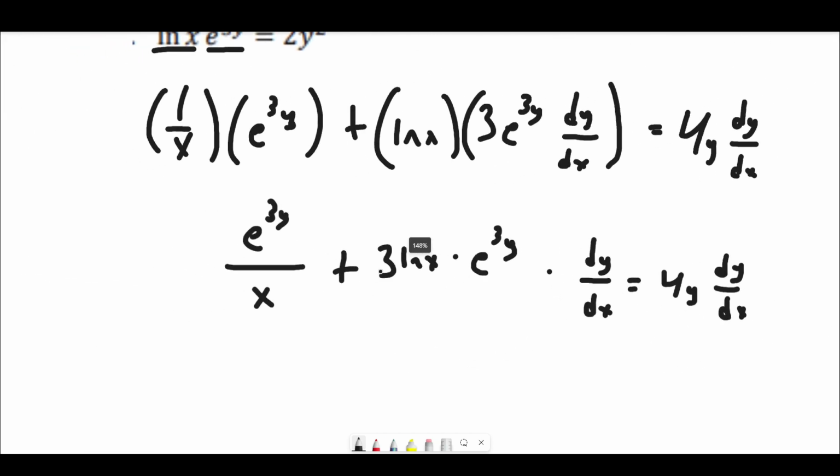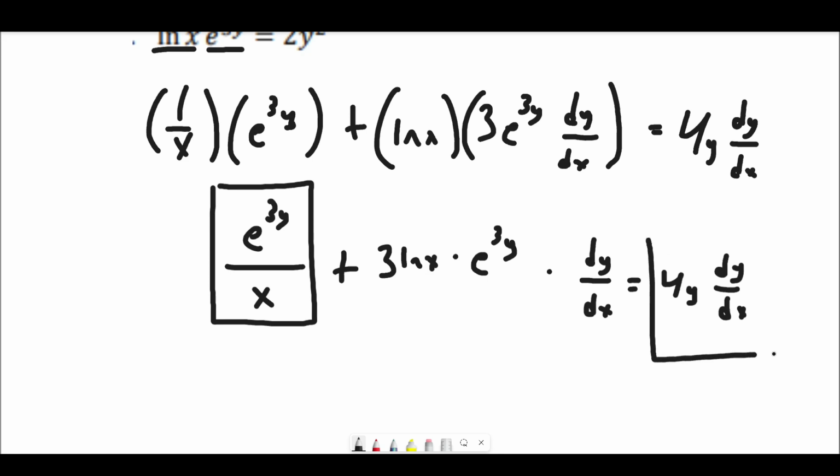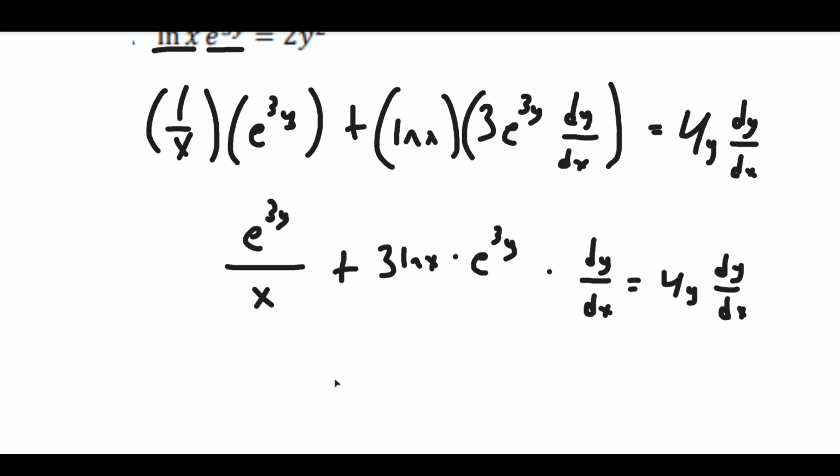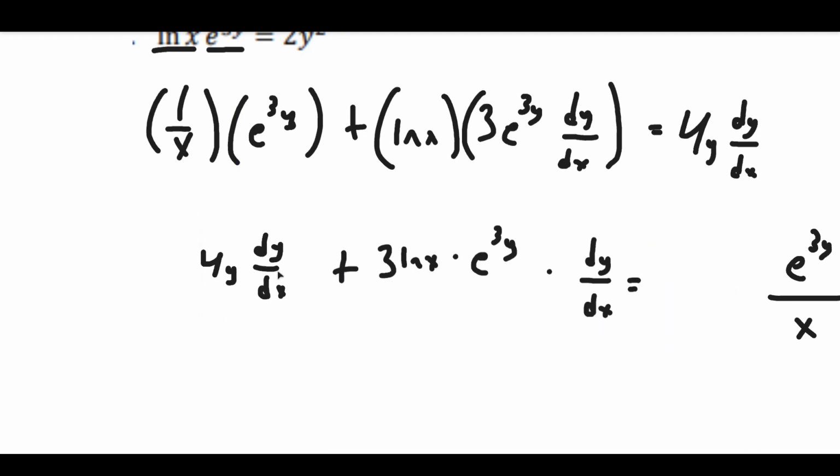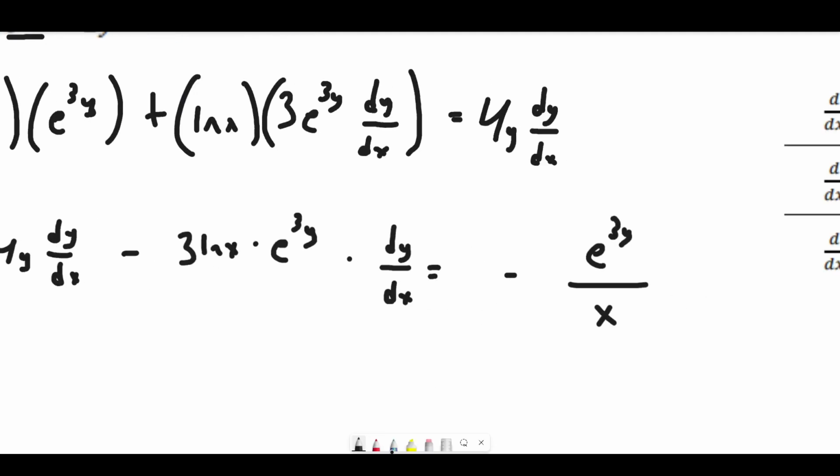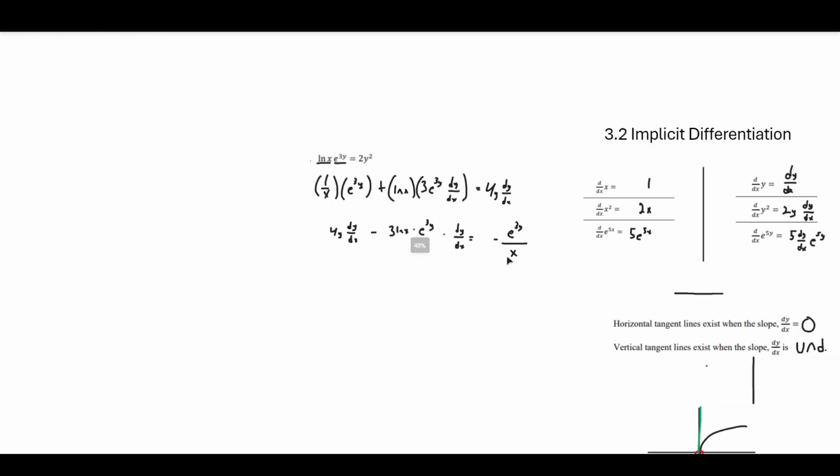Now what I'm going to do is move this part and this part together. So I'm just going to make them both negative and switch them. I'm just going to grab this, put it over here, grab this, put it over here, and make that minus, make this minus.